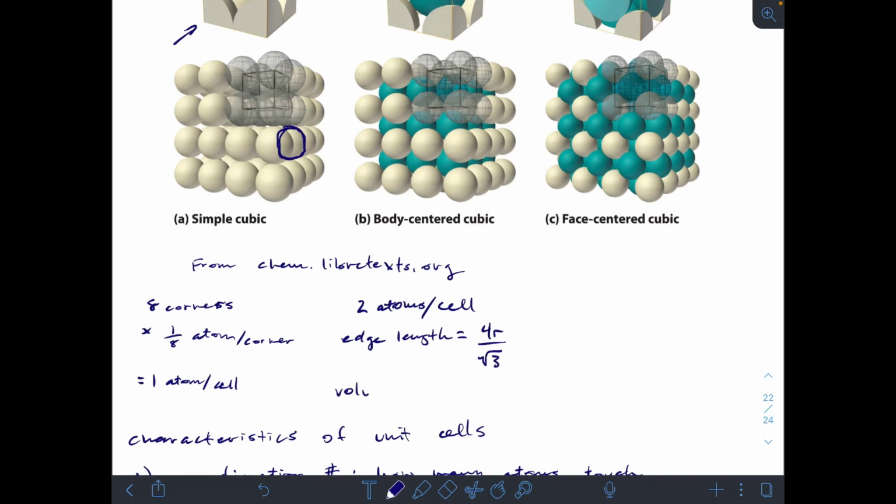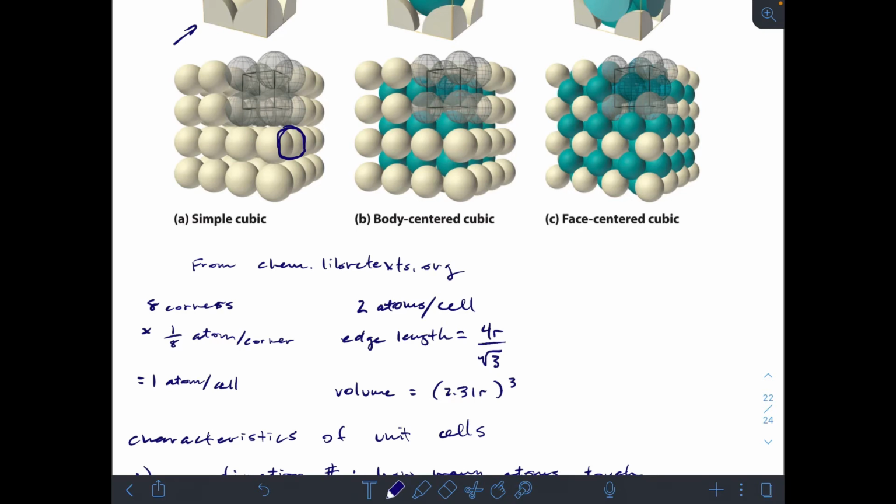Okay, and the volume, 4 over the square root of 3 is just 2.31. So the volume will be 2.31 r cubed. All right, and our coordination number will be 8.